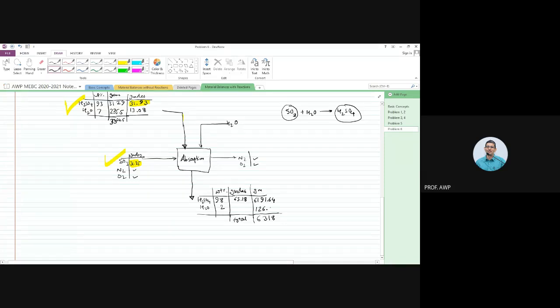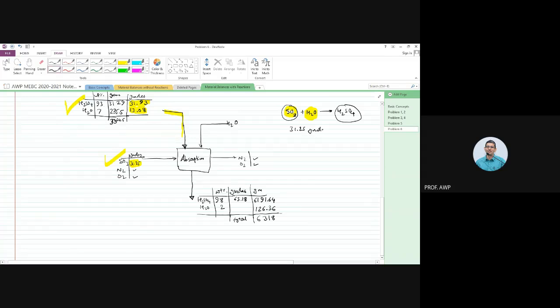Now the water balance. 13.08 gram moles of water are coming in, plus I require 1 gram mole of water per gram mole of SO3, so I want 31.25 gram moles of water to react.